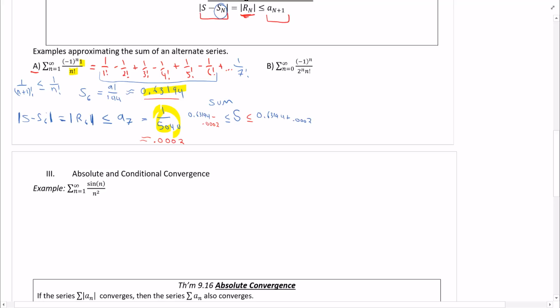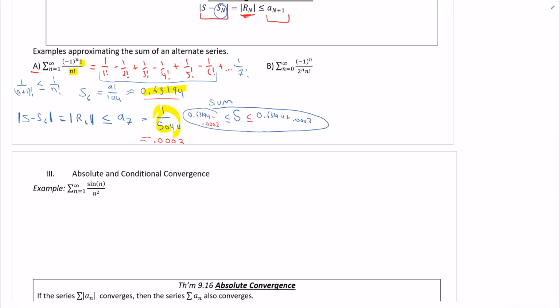This makes sense because you're going to add or subtract the seventh term and then add or subtract the eighth term, which will be smaller than that, and so on. And so our actual sum has to be somewhere in between. So you have a really good estimate of what your sum should actually be, right?